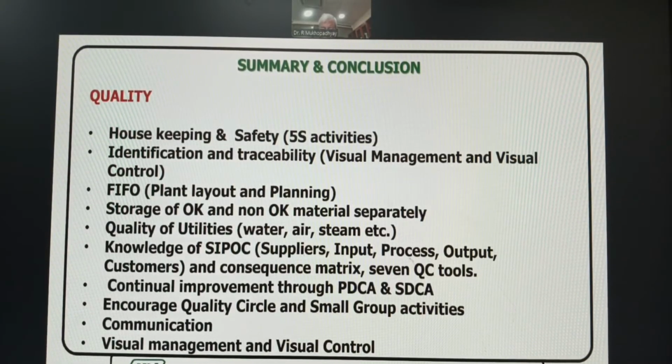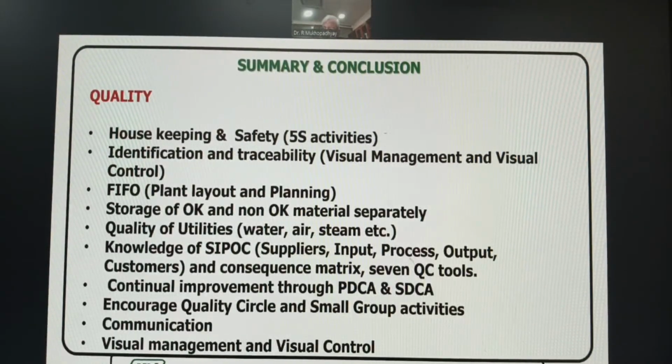Quality of utilized water, air, steam, I told you. Knowledge of cycle, that is the supplier, input, process and output, and customer, and consequence matrix using the 7 QC tools. Then continual improvement through PDCA or SDCA, Plan Do Check Act or Standardized Do Check Act. Encourage quality circle, communication, visual management and visual control. Basically, the first 5 points are very, very important.